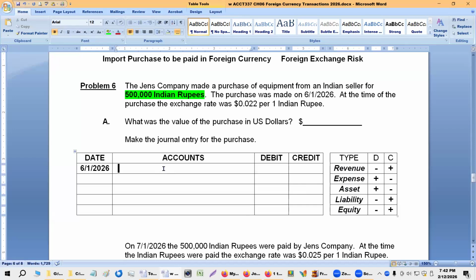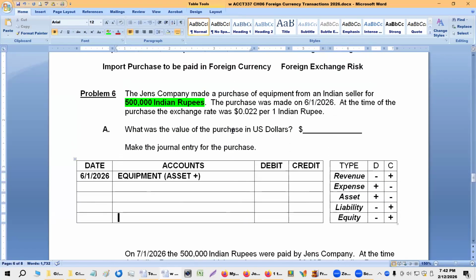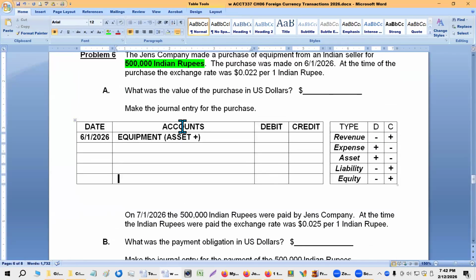More. So it's an asset, and it's going up. All right, and I don't think we paid for them yet. We'll pay for them in a month.